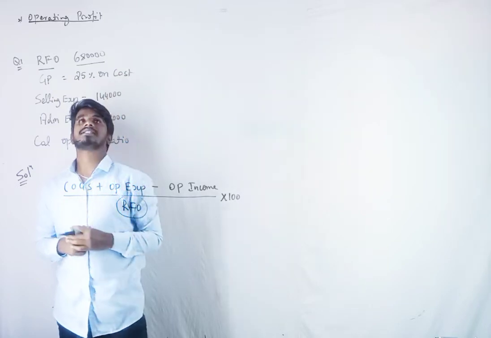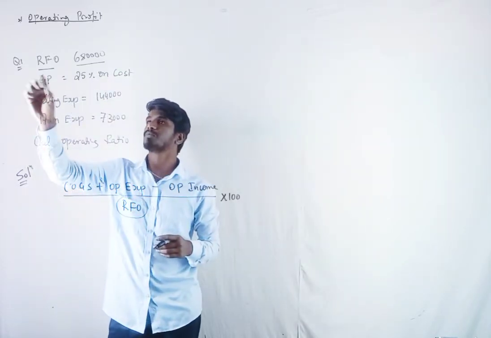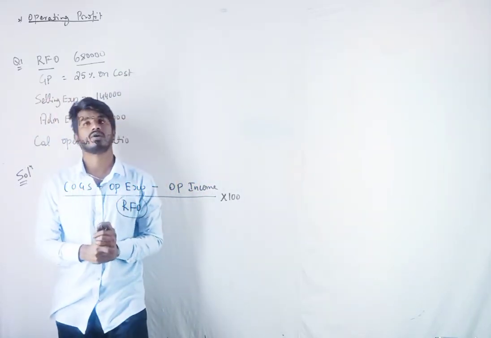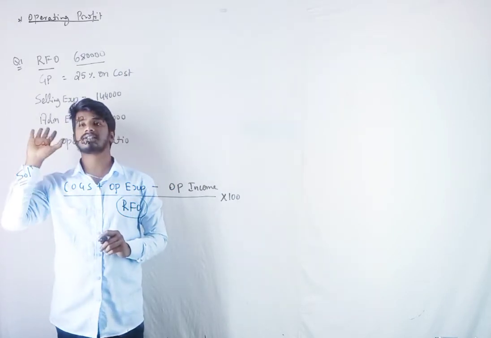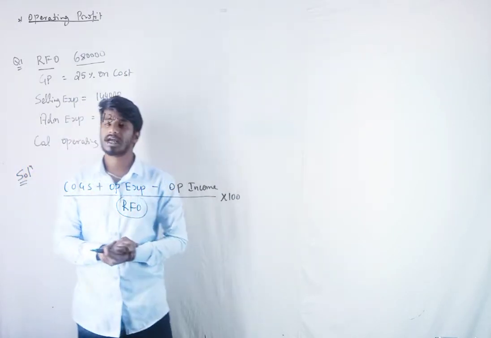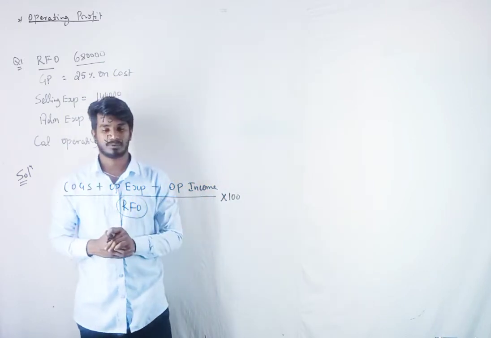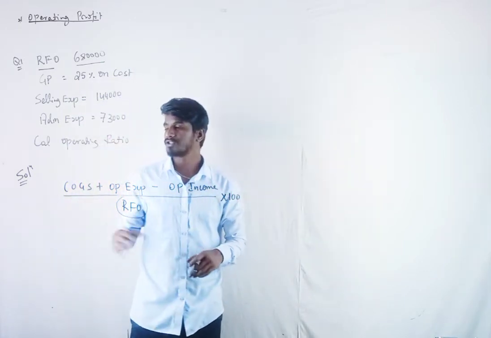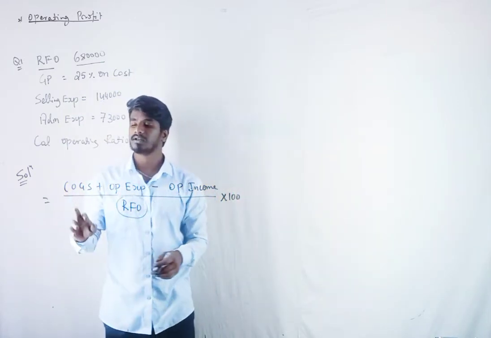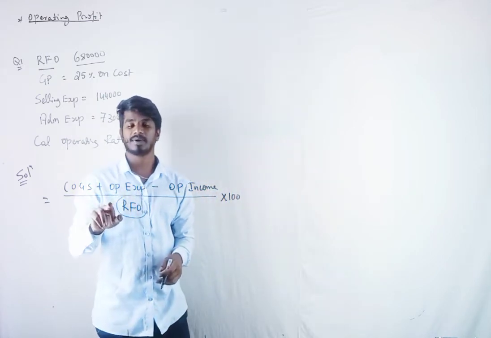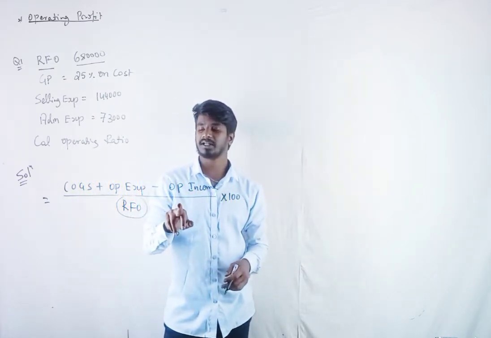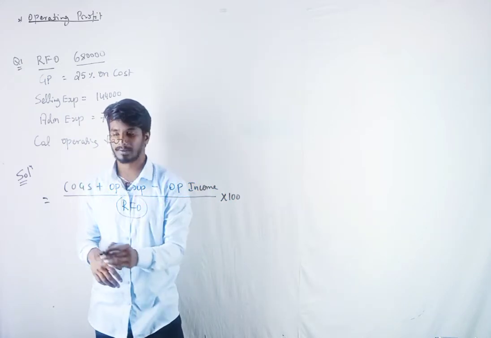Sales, they have given 6,80,000. Gross profit 25% on cost. Selling expenses and administration expenses. Calculate operating ratio. What is the formula? Cost of goods sold plus operating expenses minus operating income divided by sales into 100.